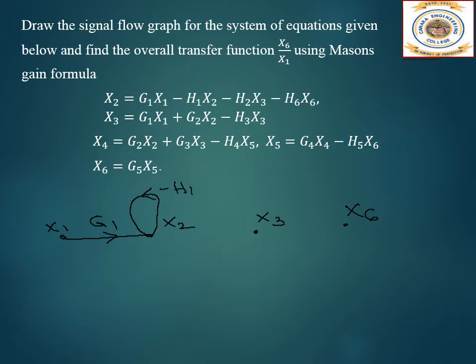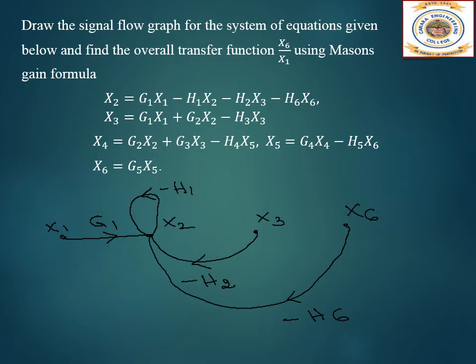Then minus h2 x3, so it is fed back to x2, so the arrow mark, you have to be careful, this is minus h2. Then minus h6 x6, so again it comes back from x6 to x2, so this is also minus h6. This arrow mark is very much important. So equation 1 we have written.